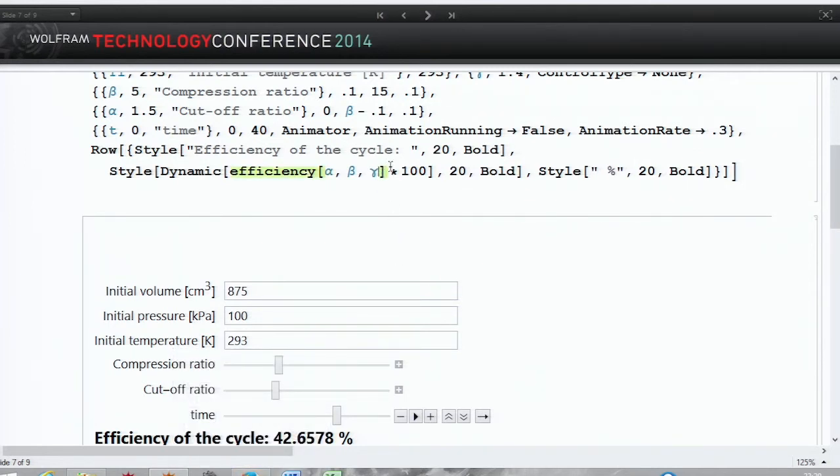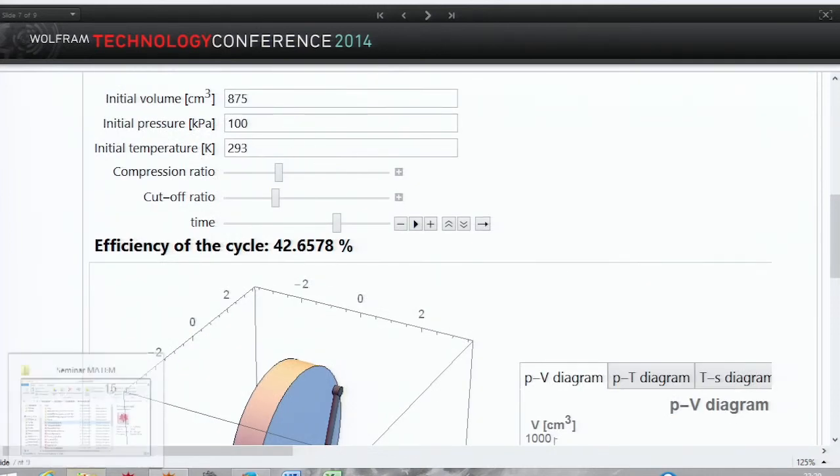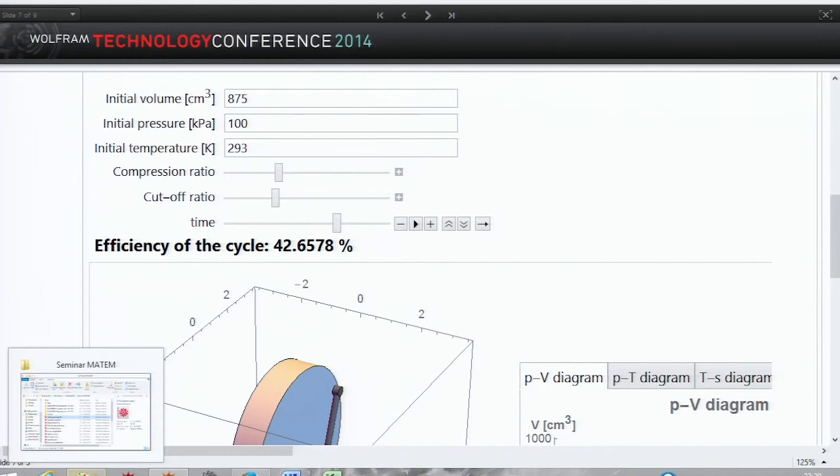Yes, we are working on it, as I said, and we constructed it with the purpose of making it easier for students to visualize the PV, PT, and TS diagrams and how it works in the cylinders, because thermodynamical cycles are not so easy to visualize without any tools.